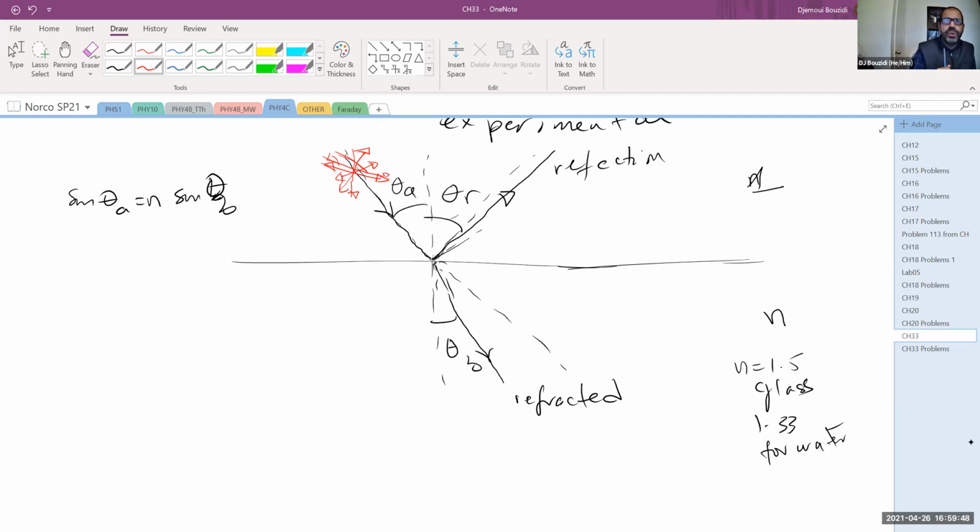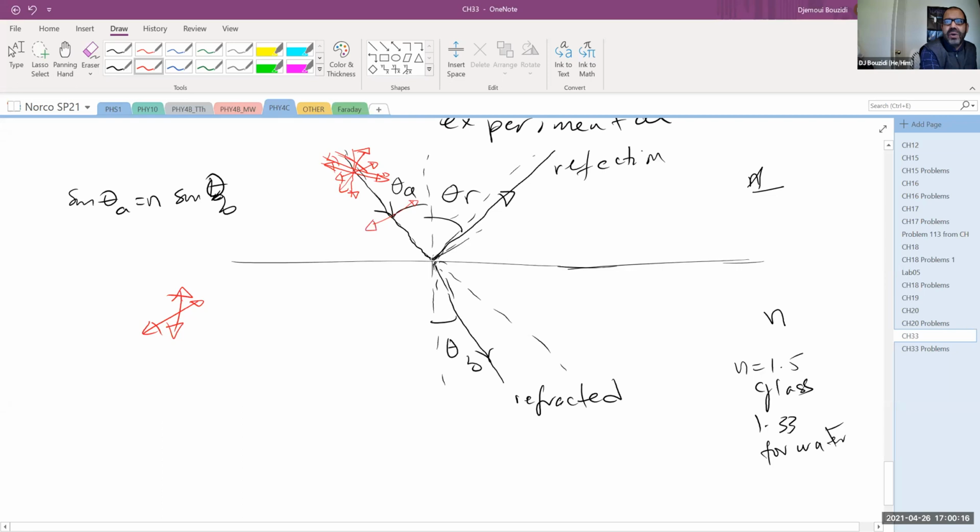This is due to Mr. Brewster, who was working on this experiment. Light has two components when it hits the surface: a component that is going up and down to the surface, and a component that is parallel to the surface. The light that is parallel will emerge from this side. Let me redraw it this way.